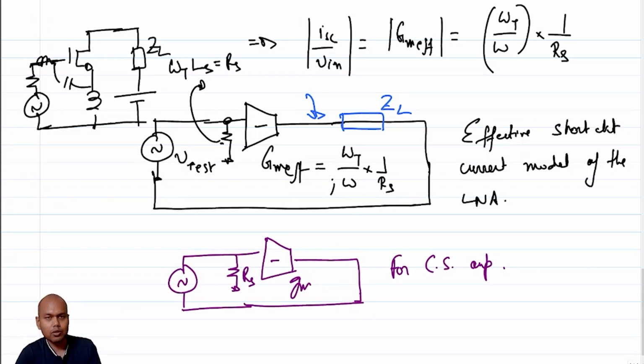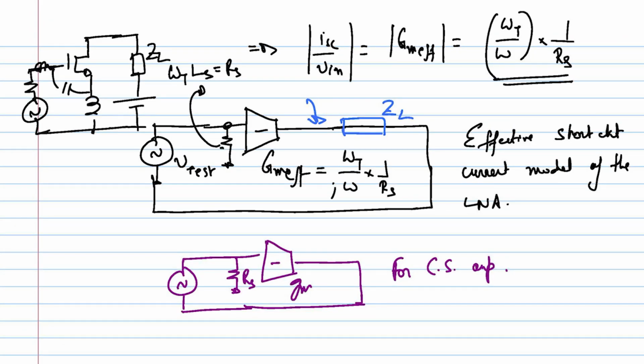So the next part is to see what impact all these things have on the noise, right? Because ultimately we wanted to do all these things because we wanted to reduce noise figure. Okay, so that's what we are going to do next. To evaluate noise, we do the usual thing. We introduce all the noise sources one by one, find out their total contribution to the input or the output or any particular point.